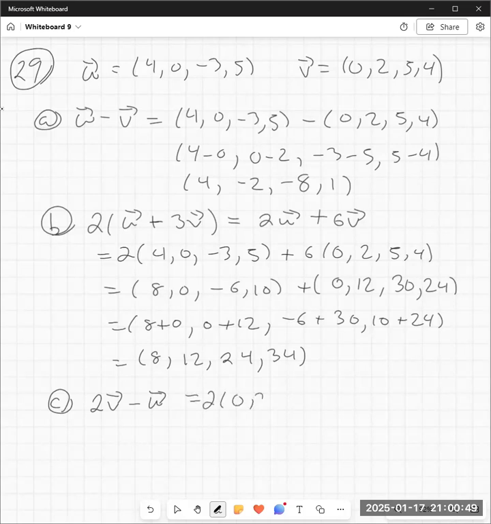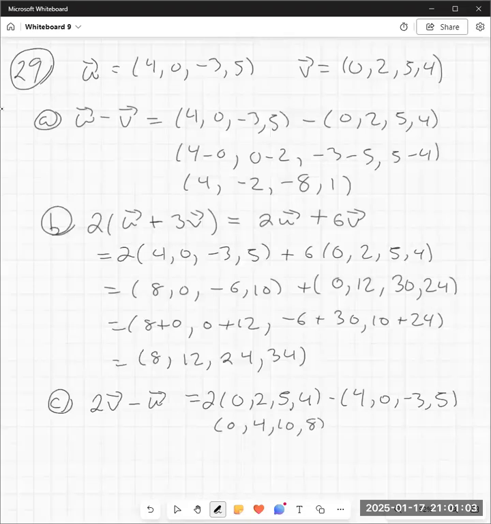That's 2 times 0, 2, 5, 4, minus 4, 0, negative 3, 5, which is 0, 4, 10, 8, plus negative 4, 0, 3, negative 5. 0 minus 4 is negative 4. 4 plus 0 is 4. 10 plus 3 is 13. 8 plus negative 5 is positive 3. Negative 4, 4, 13, 3.